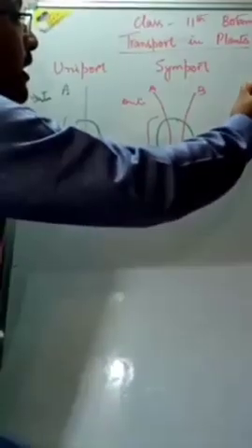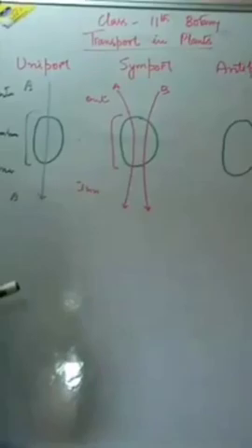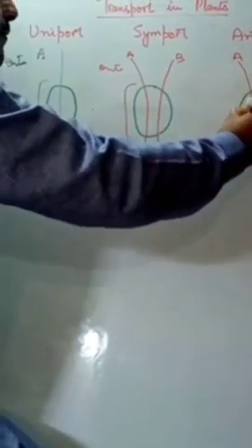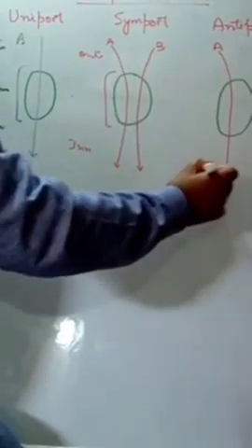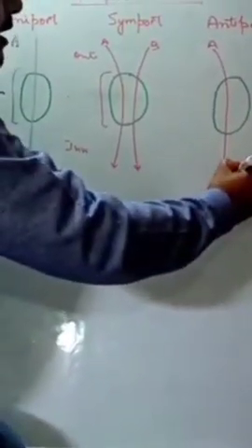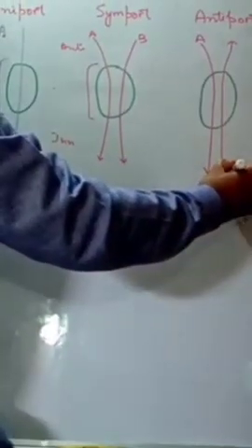In the third, if this is the protein molecule, again this is the particle A, and it is taken from outer to the inner, and then we have B, which is taken from inner to the outer. So here it is anti, opposite direction.